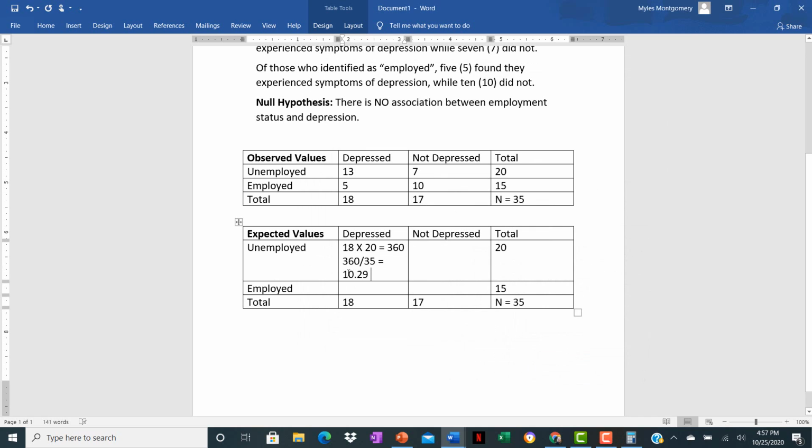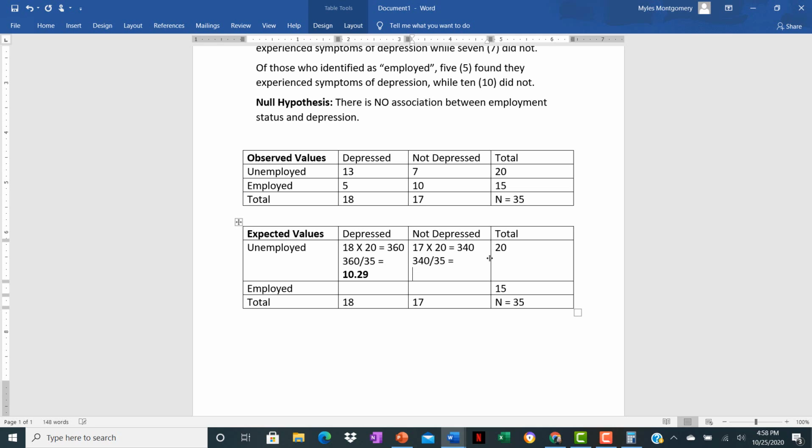Great. Now let's take a look at what we have over here. Coming down here we have 17 times 20. That's 34, and then we add that 0 in, so it's 340. We'll say 340 divided by 35.